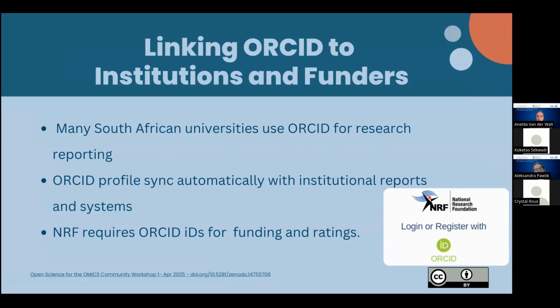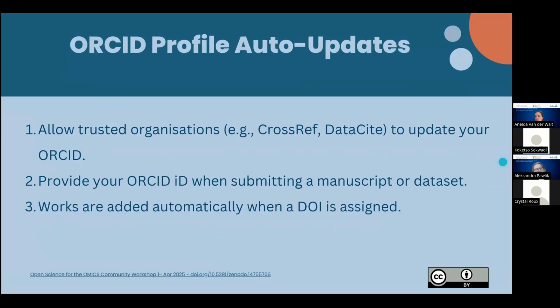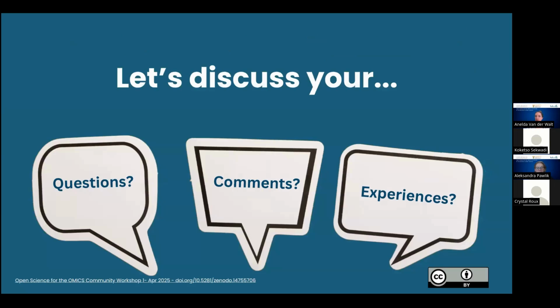And it is worth making the effort to find out if your university is already connected to ORCID and how they use the information in the ORCID profile. And then I've explained that you can allow trusted organizations. And again, if your ORCID ID is provided when you submit these works, then they will automatically be assigned a DOI and published. Any questions?